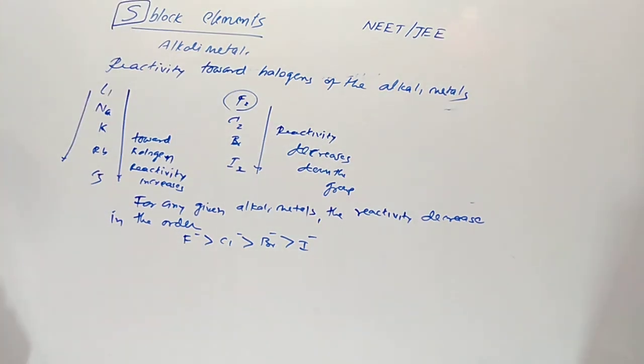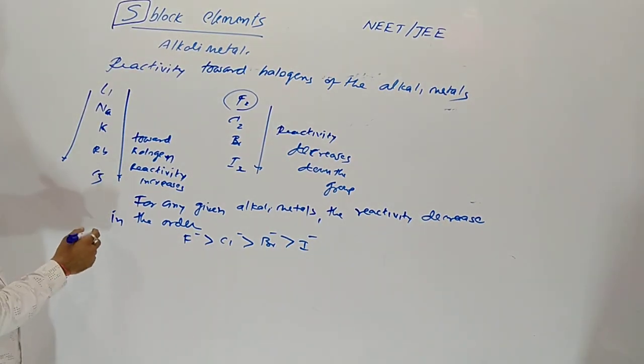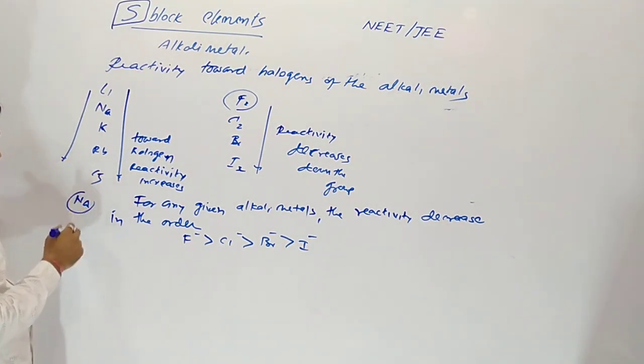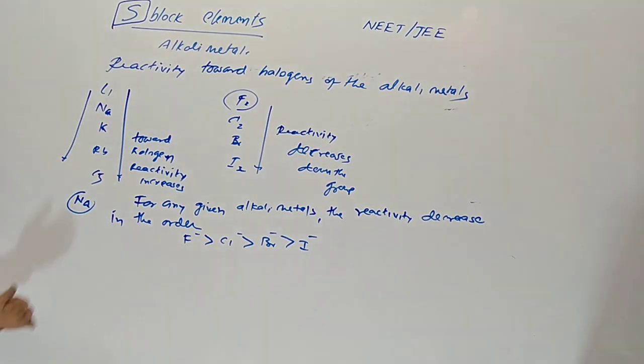Taking sodium, it has great attraction toward fluoride, then less toward chloride, then bromide, then iodide.